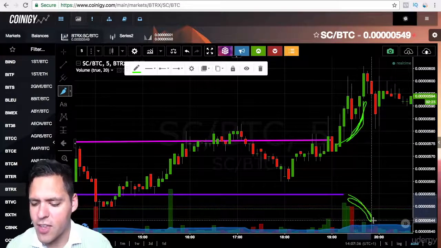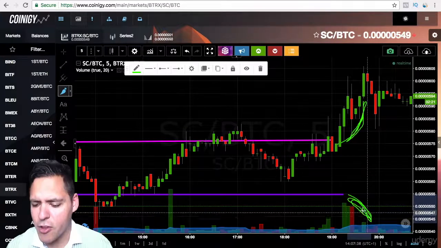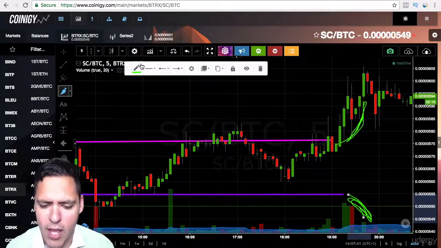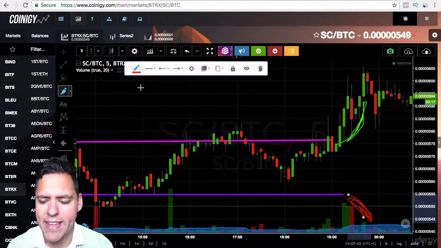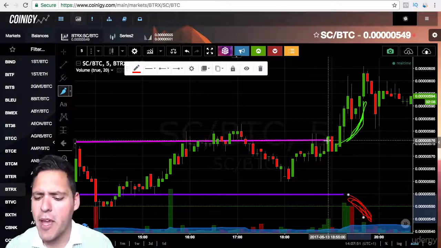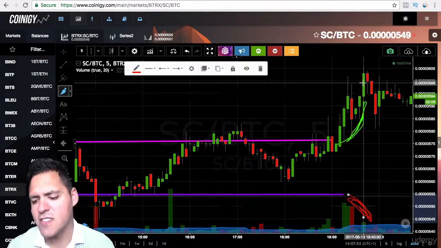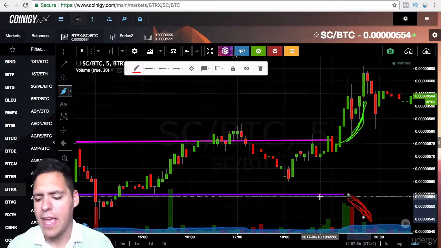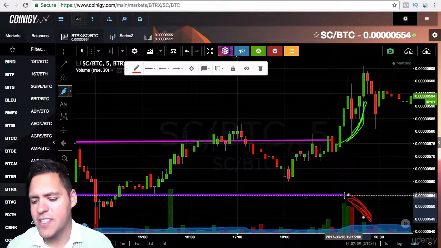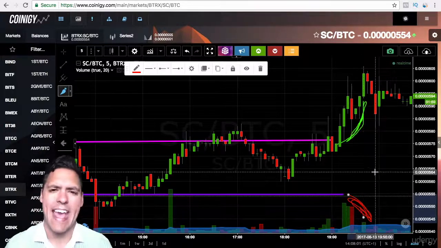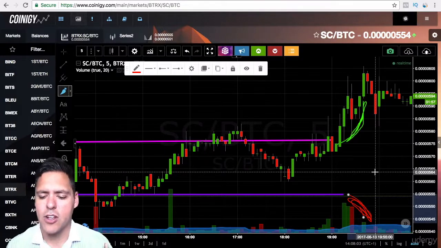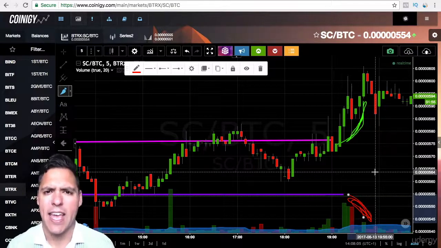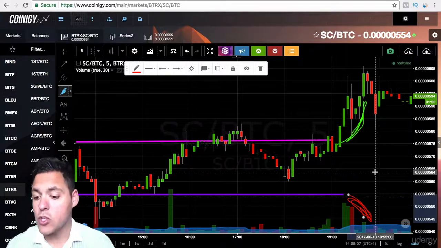The sellers basically go through the buyer support line, thus creating a breakdown. So if the buyer support breaks the resistance line, that's called a breakout. If the sellers win, that's called a breakdown. And this gives you an indication of what to do next. Do you get out or do you buy more?